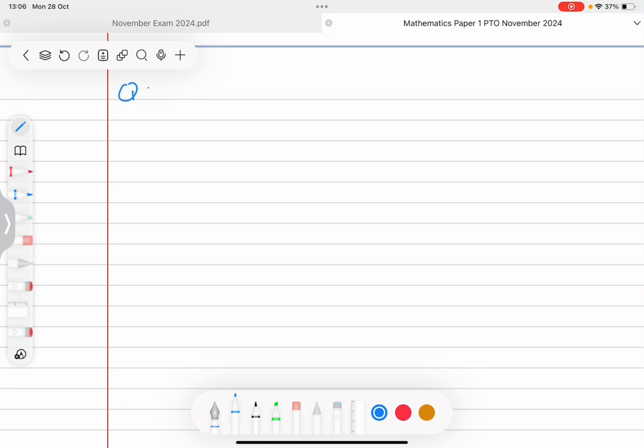We are on 3.1. We are given in 3.1 the sigma notation of 1 over 4, 3 to the power k, is equal to m.